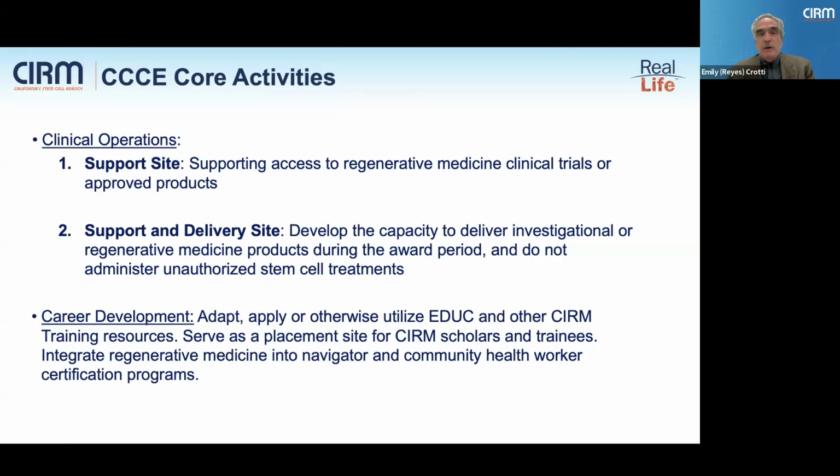A delivery site would have to perform all the functions of a support site, but in addition, develop the capacity to deliver an investigational regenerative medicine product during the award period. And in addition, not administer unauthorized stem cell treatments. And again, I would refer you to the request for application in terms of how we view unauthorized stem cell treatments. But that's a very important criterion, in that we only want to deliver authorized treatments to patients.